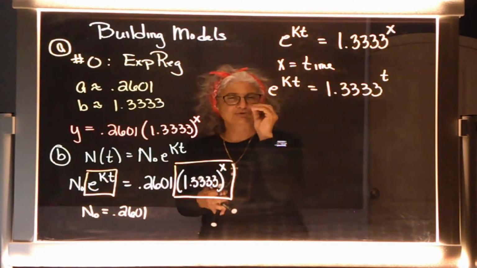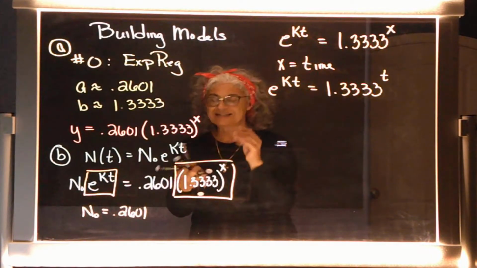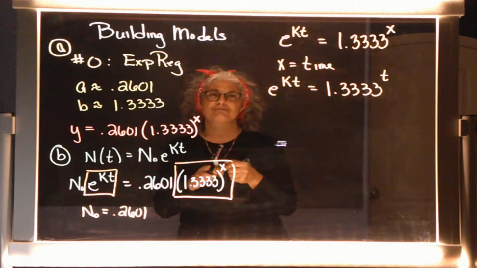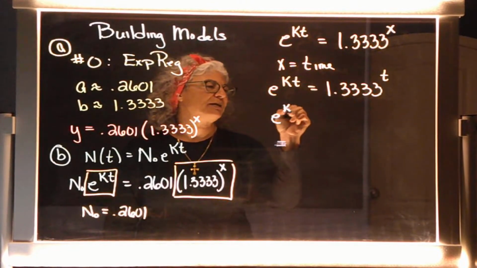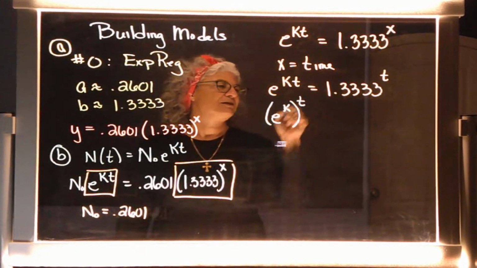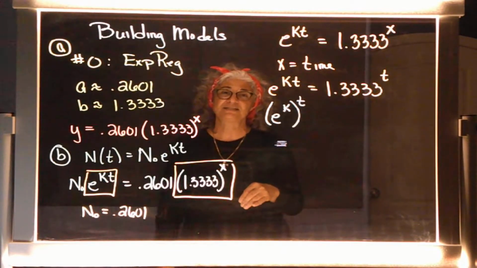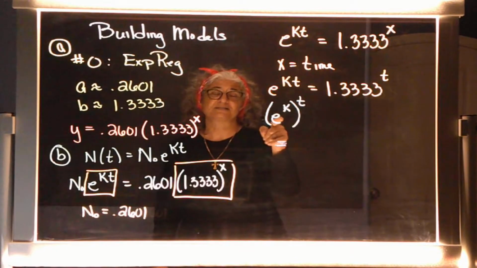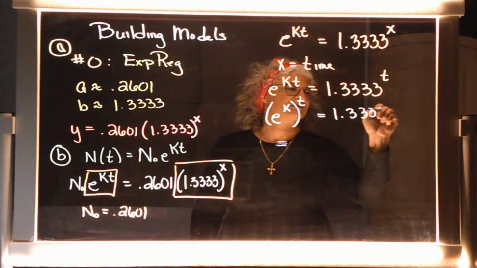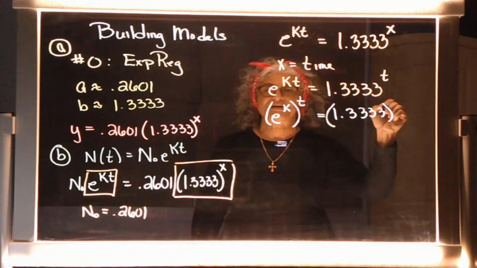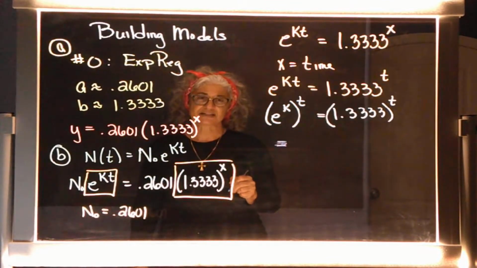And I'm going to do a little rewrite on this side. This is e to the kt, right? This is e to the k times t. Agreed? Well, look. If that's multiplication, doesn't that mean that it could have been written in this manner with the parentheses between the k and the t? Because that means multiplication, doesn't it? Okay, so on this side, couldn't I basically say this base, this 1.333, is e to the k?